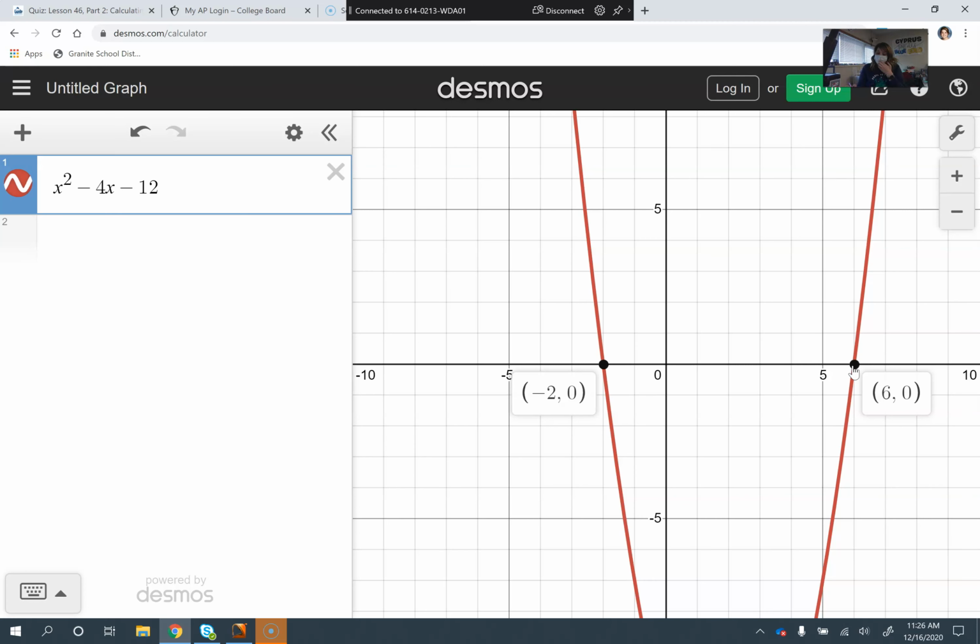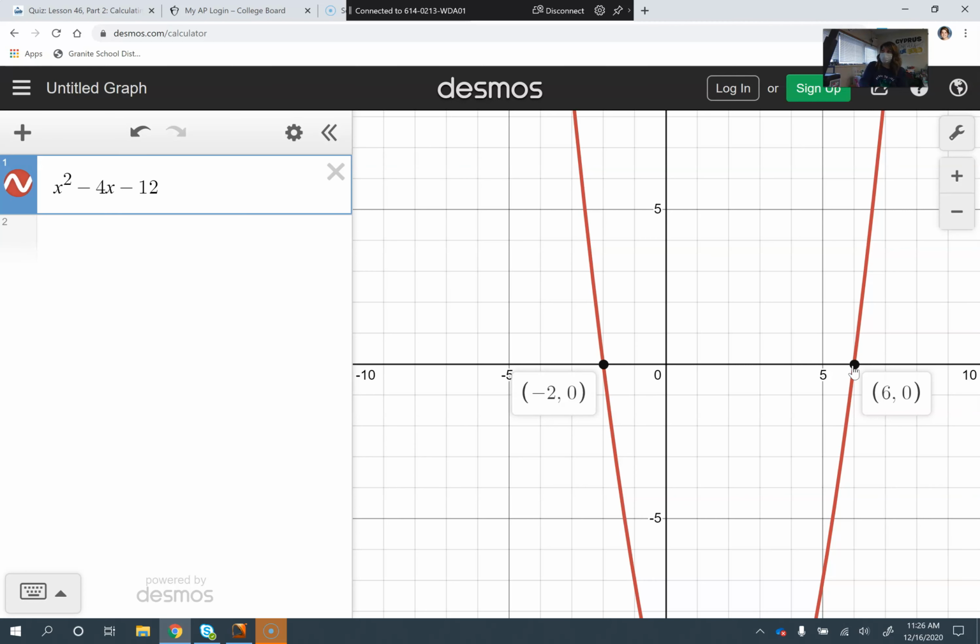So my first factor is going to be p plus 2. My second factor is going to be p minus 6. That's based on what we did last time. You're hanging in there?